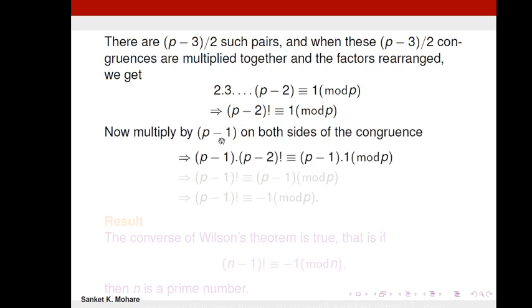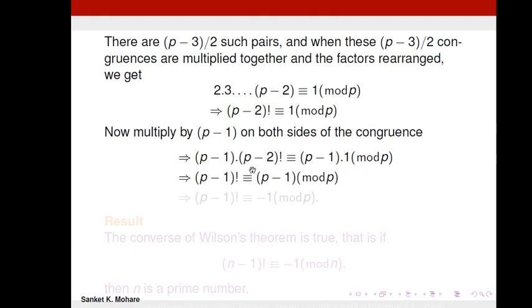Now multiplying both sides of the congruence by p minus 1, what do we get? p minus 1 into p minus 2 factorial is congruent to p minus 1 into 1 modulo p.